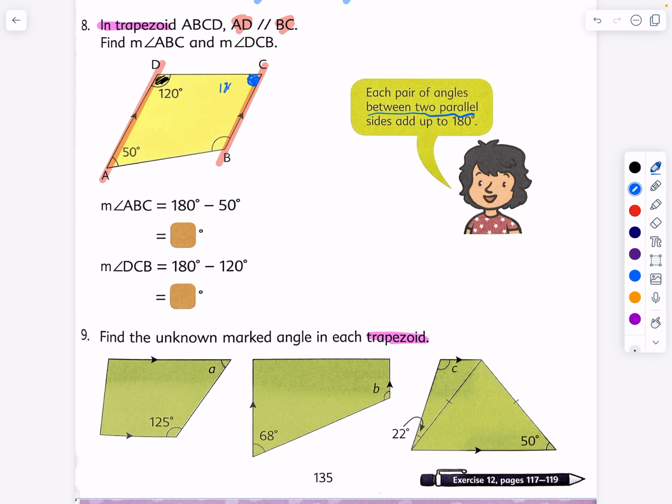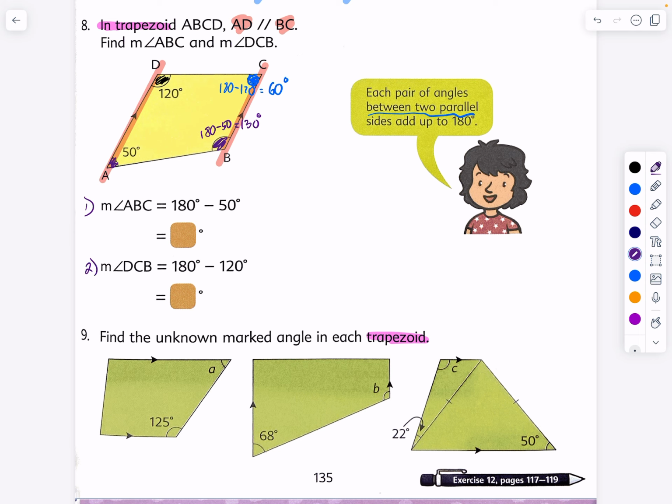This must be 180 minus 120 equals 60 degrees. And we also have the other 2 angles between 2 parallel sides, an angle that measures 50, and this one must be 180 minus 50 equals 130 degrees. Oh, here it is. Step 1, step 2. The solutions are right there.